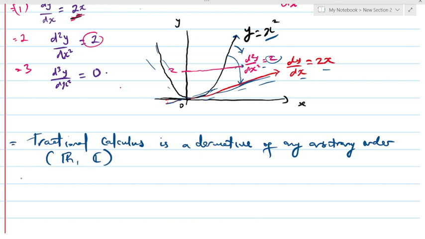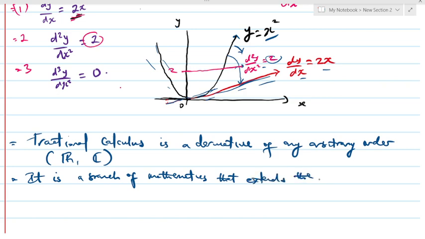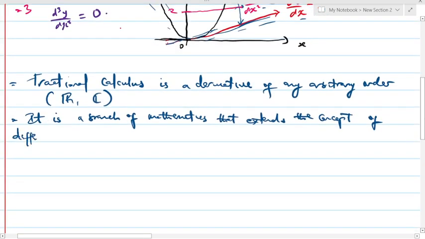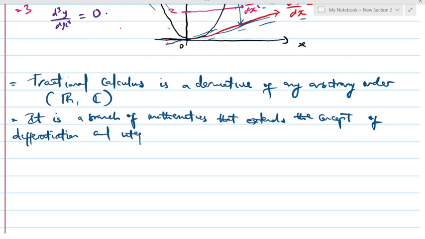Also, it's a branch of mathematics that extends the concept of differentiation and integration to non-integer orders.